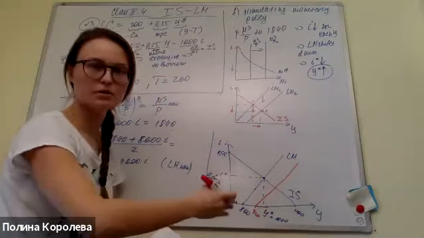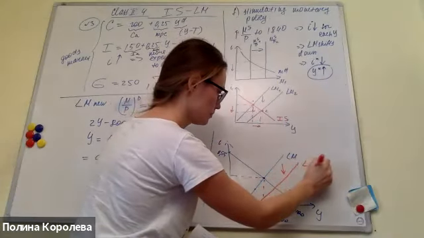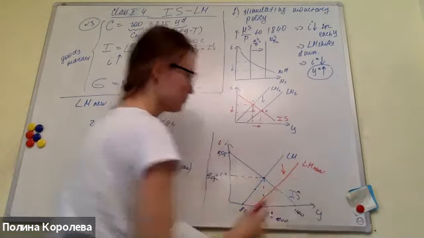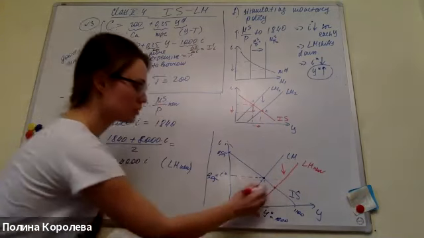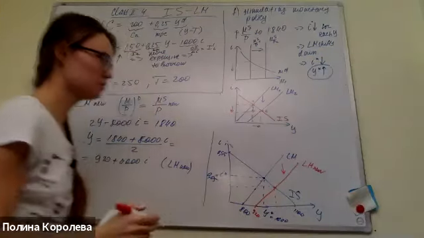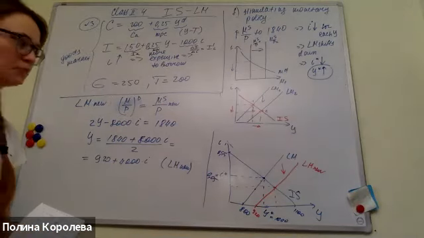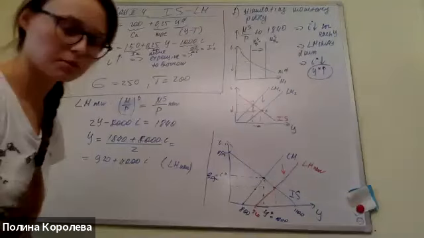A parallel shift down, you see? And now we should cross the old IS with the new LM and find the new equilibrium.